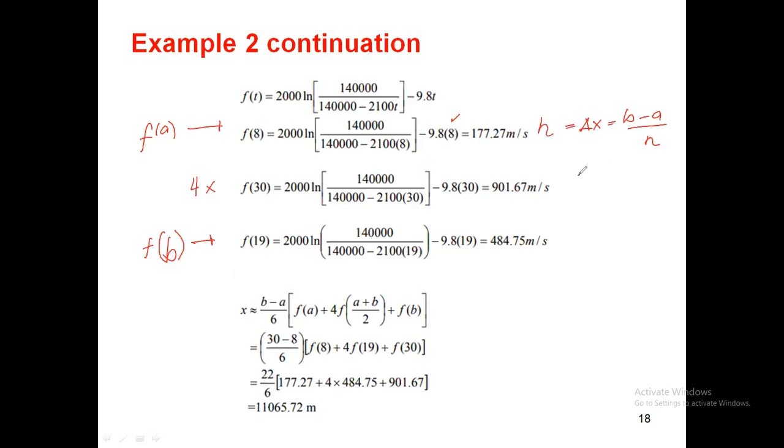What's the b in this case? 30 minus 8, divided by 2. So 22 divided by 2, that is 11. You need to add this to your 8, so your x here would be 8 plus 11, that would be 19. And plus 11 here, this would be 30.